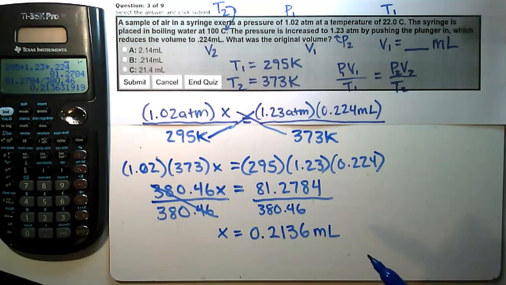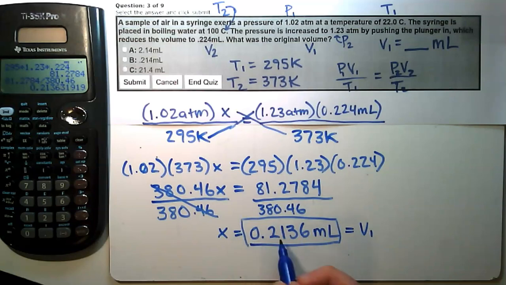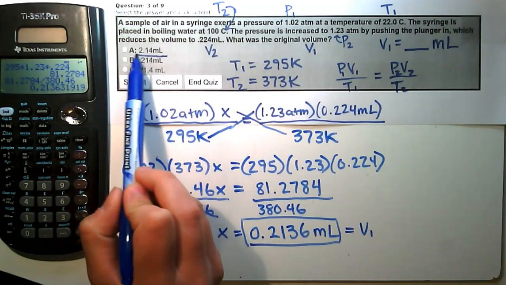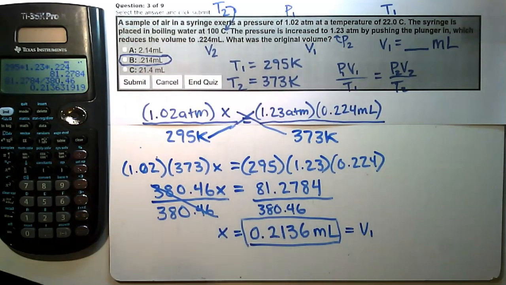Okay, looking up at our answer choices, we're trying to find our V1 value. 0.214 is very close to that, so B is our correct answer.